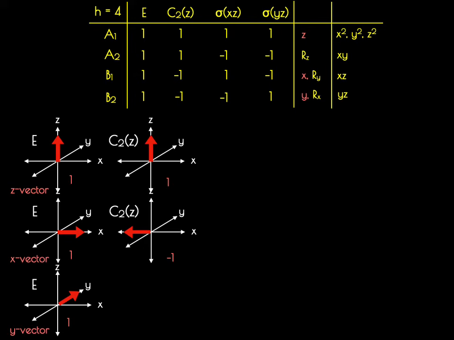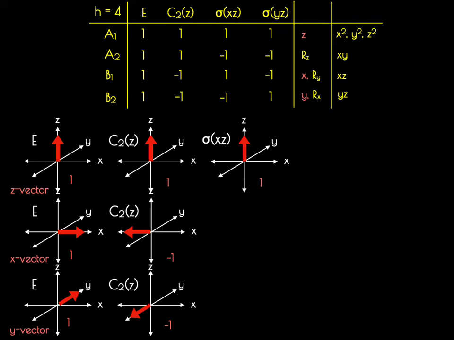For the x vector, it changes position, so it inverts. It's anti-symmetric with respect to that operation. It gets a -1. For the y, the same thing happens. It gets a -1.